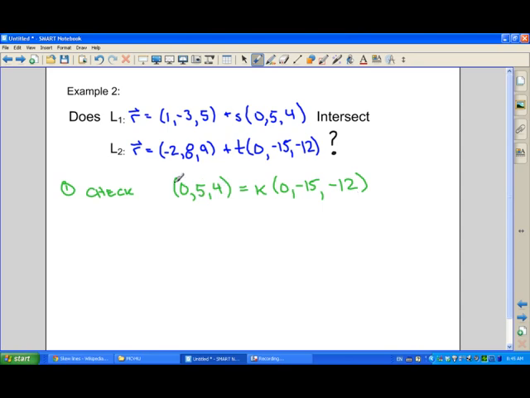And if you inspect this, you should notice that if I multiply 5 times negative 3, I get negative 15. If I multiply 4 times negative 3, I get negative 12. So there is a k value that makes this true, which means that the lines are parallel.